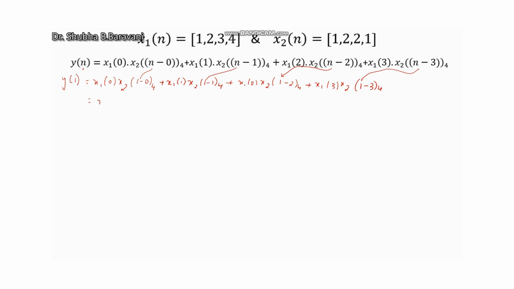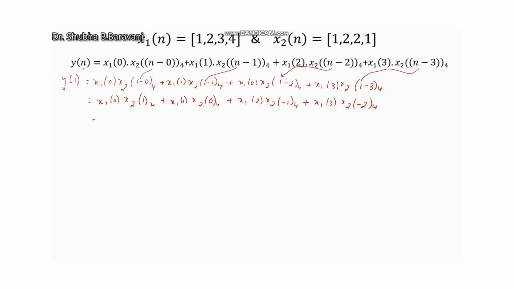So I'll simplify it: x1 of 0, x2 of 1 mod 4, x1 of 1, x2 of (1 minus 1) which is 0 mod 4, x1 of 2, x2 of (1 minus 2) which is minus 1 mod 4, plus x1 of 3, x2 of (1 minus 3) which is minus 2 mod 4.